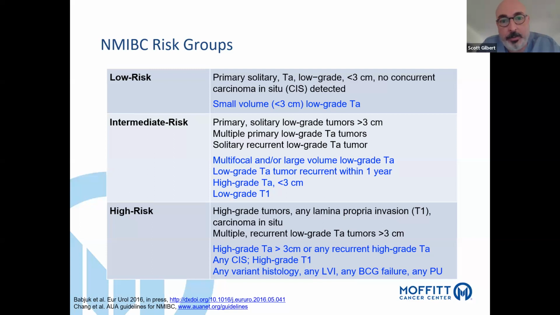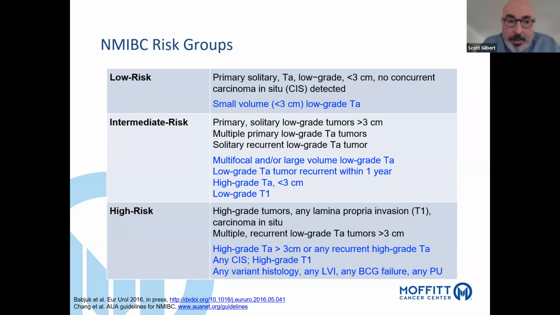Low risk tumors would be any Ta tumors that are low grade. CIS cannot be present. Tumors have to be small. If you have a recurrent low grade tumor or a large low grade tumor, that would bump a patient into intermediate risk. Intermediate risk would also contain low-grade tumors invasive into T1 at diagnosis or at recurrence, or any high-grade tumors that are relatively small, less than 3 centimeters.